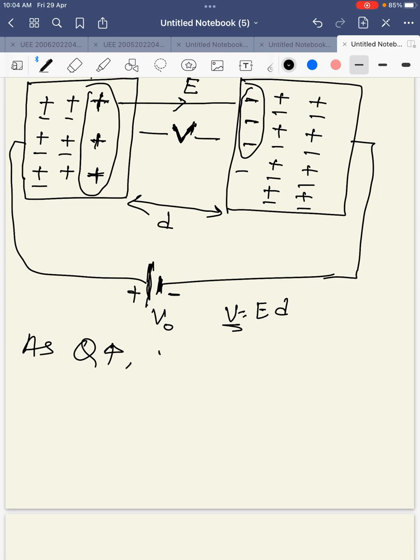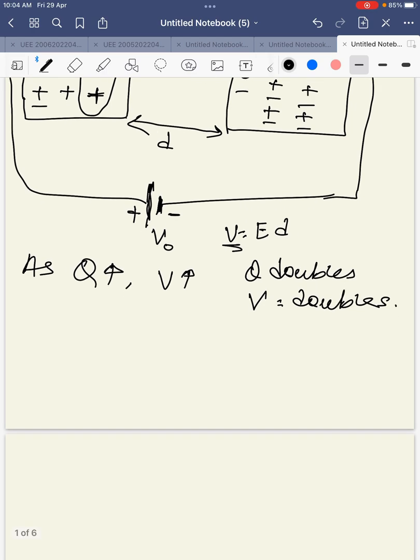As charge doubles, the voltage also doubles. This relation is directly proportional. Charge stored in the capacitor is directly proportional to the voltage between the plates, clear?